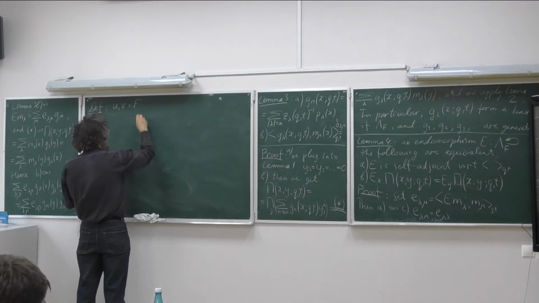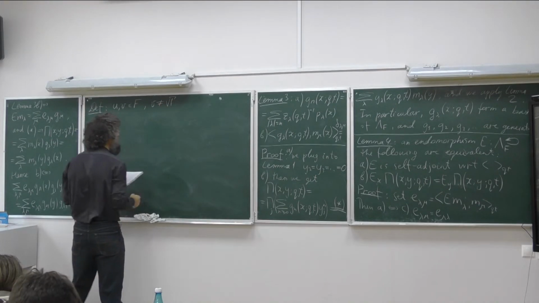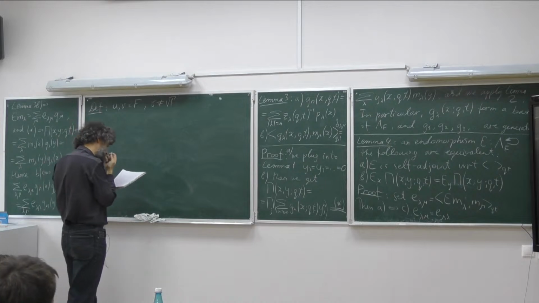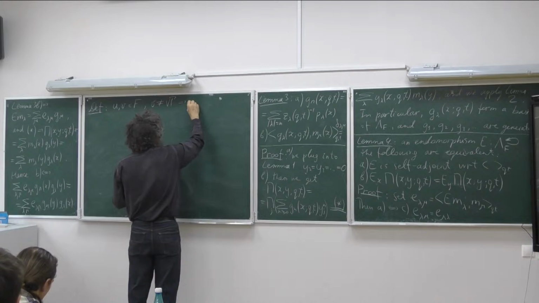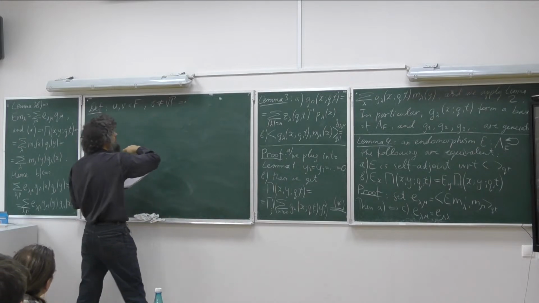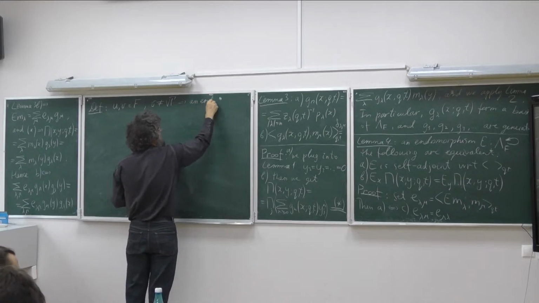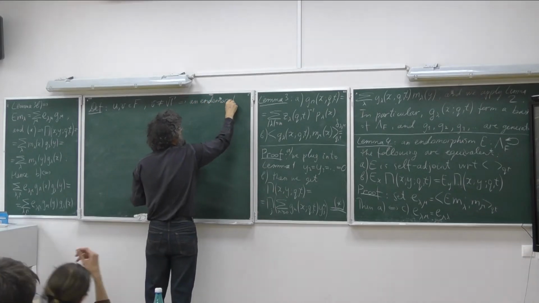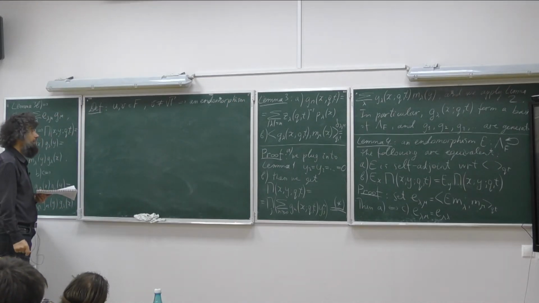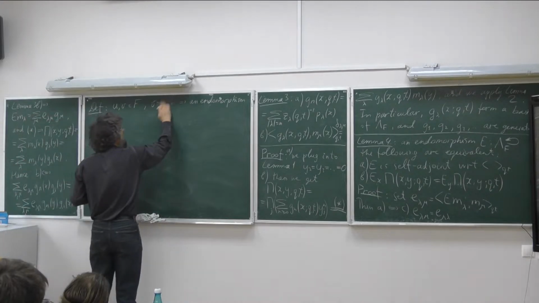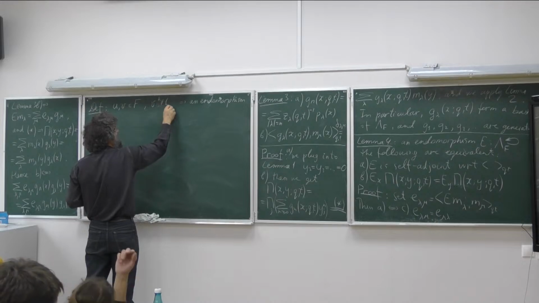And we need v to be not a root of unity. Then, yes, not a root of unity, v to the power k is not 1 for any k.